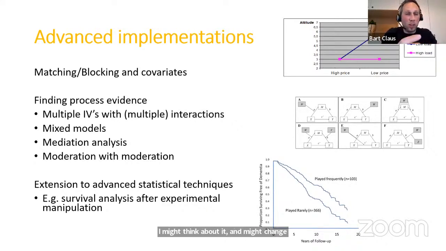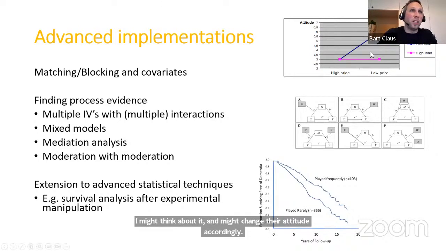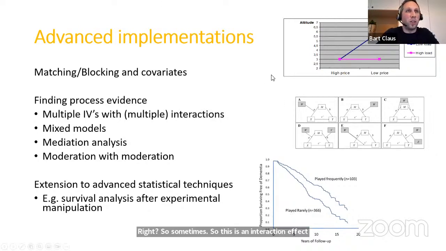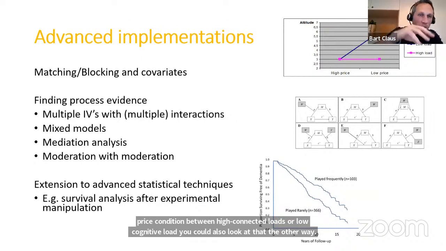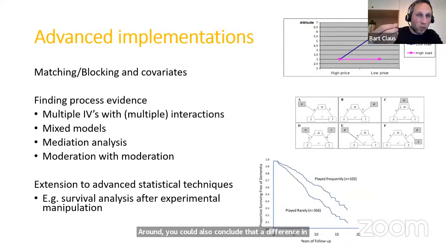So this is an interaction effect that you see here, right? This small graph that you see here shows that an effect is only present in a low price condition between high cognitive load or low cognitive load. You could also look at that the other way around. You could also conclude that a difference in price only creates an effect in the low load cognition, right?